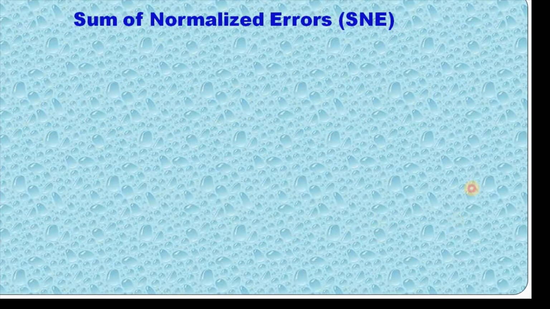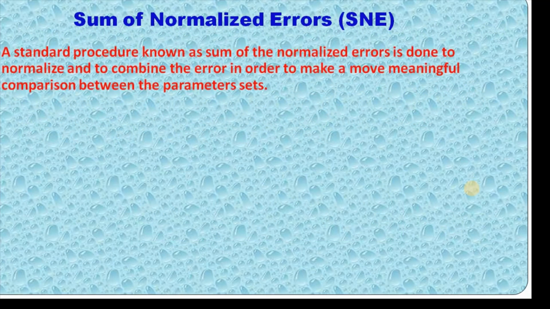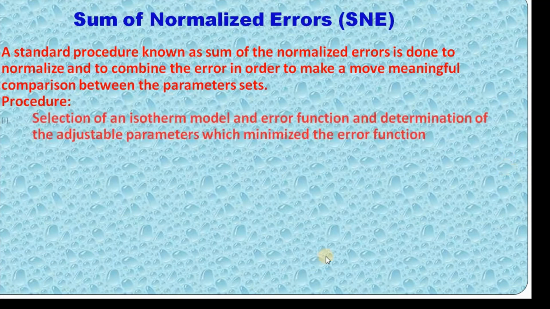Then sum of the normalized error. Well, a standard procedure known as sum of normalized errors is performed to normalize and combine errors in order to make a meaningful comparison between parameter sets. Standard procedure is selection of an isotherm model and error function and determination of adjustable parameters which minimize the error function.